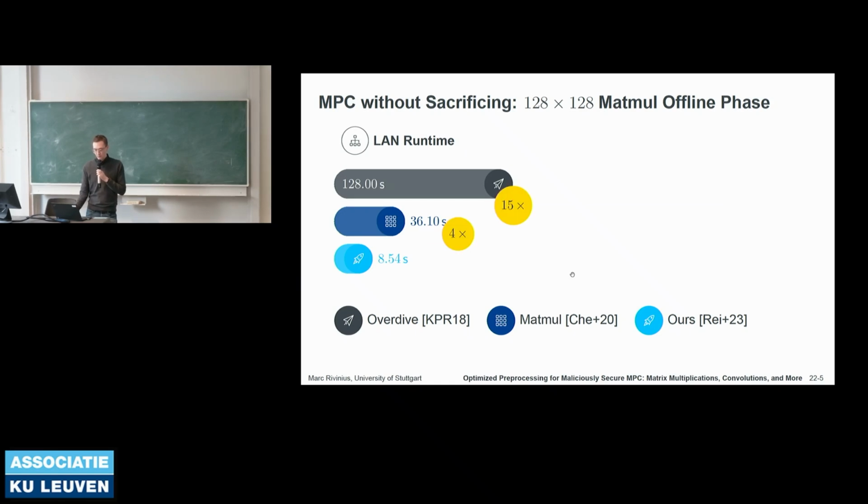And again, in the runtime, that's also faster. Here we skip the line where we did the second version of the Overdrive protocol because it's still much slower than doing the matrix-based version.